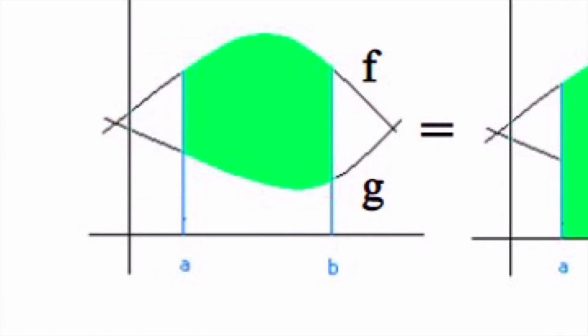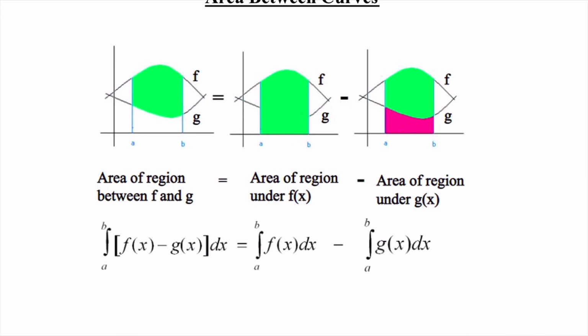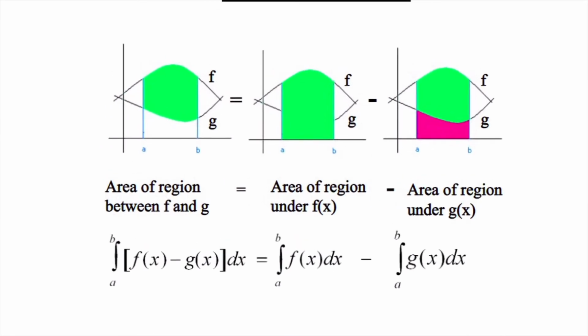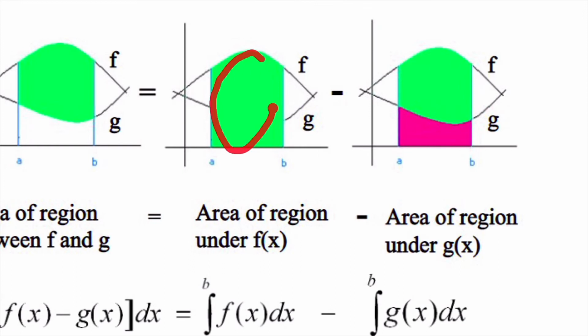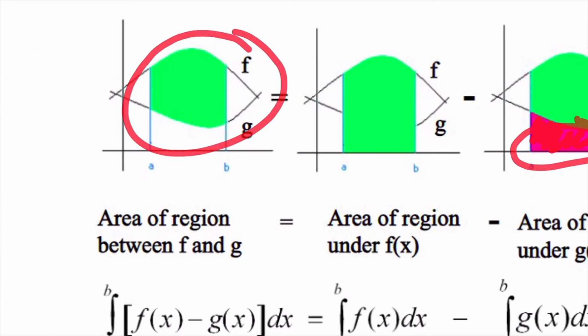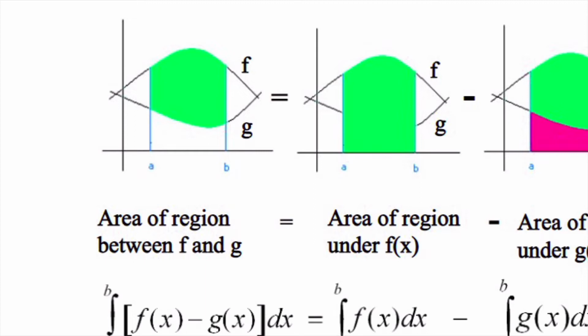So the idea is not that bad. If you want to find area between, you find the entire area, you subtract the part that you don't want, and you get the area between the curves, right? Not anything you guys haven't done before, but it's just with calculus.